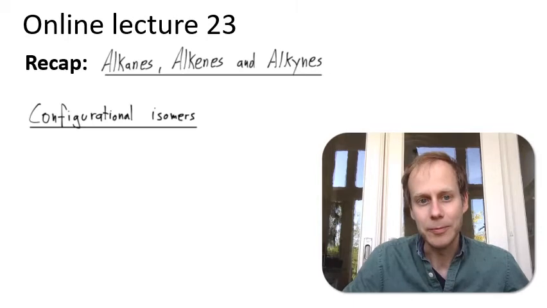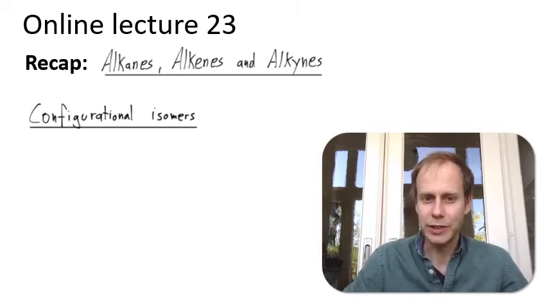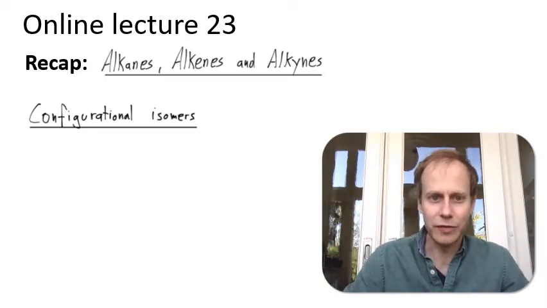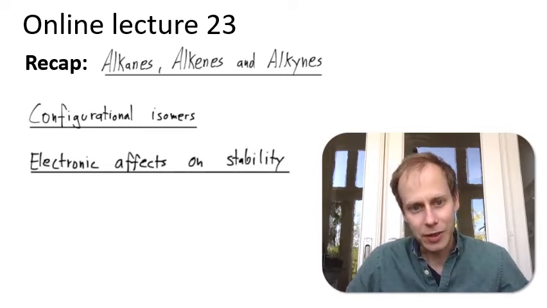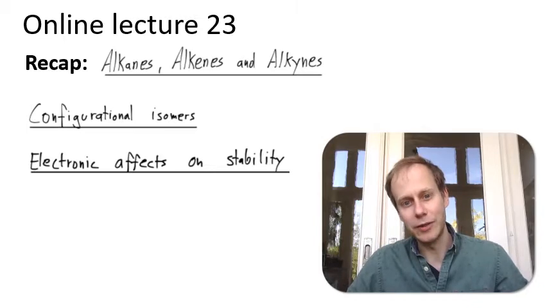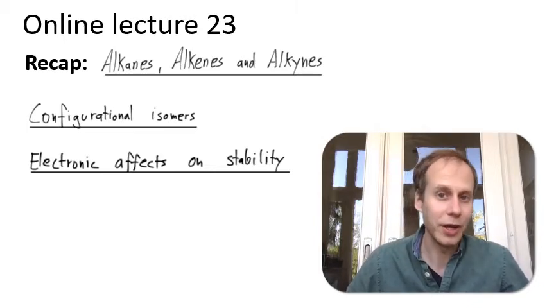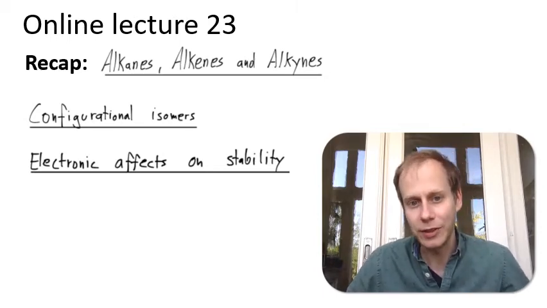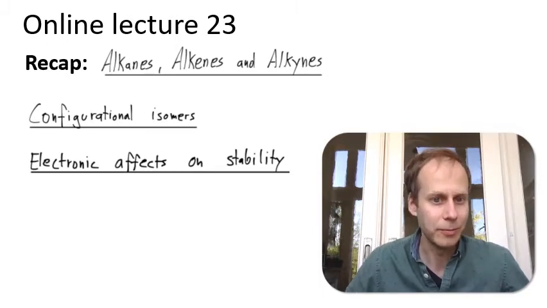Because there is sometimes steric strain of bulky methyl groups that overlap with each other, some configurational isomers that have less steric strain are more stable than those with steric strain. But it also is up to electronic effects that control the stability of the alkenes. So if you have alkenes with electron donating plus I groups, for instance, you have higher stability than with minus I groups.